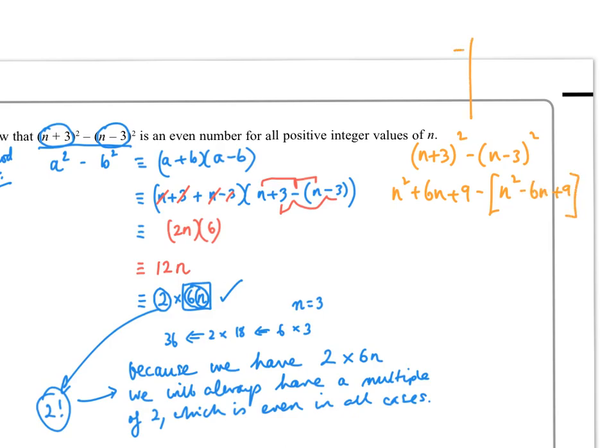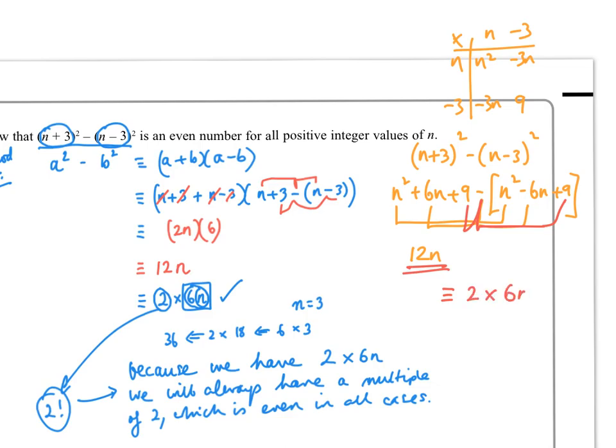And you can use a grid if you're not sure, and you'll realise why that's 9 and why you get minus 3n minus another 3n and so on, giving you n squared minus 6n plus 9. But when you take these away, you've got n squared minus n squared, which is 0. You've got 6n minus minus 6n, which is 12n, and then you've got the 9 minus the 9, which is 0. So you're left with 12n the same, which I would say is 2 lots of something, and then use your similar conclusion.